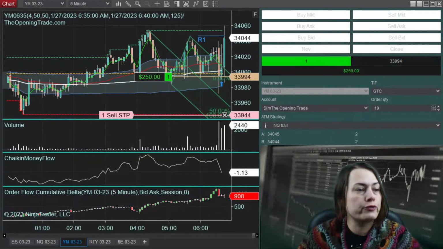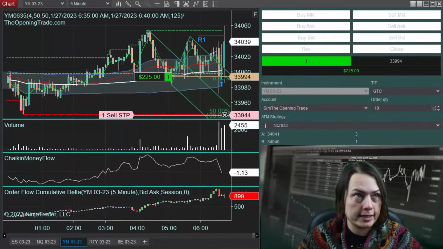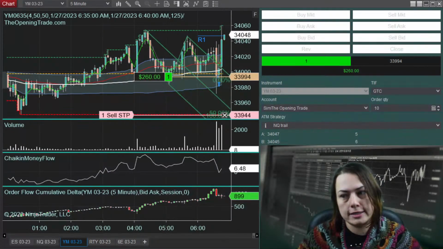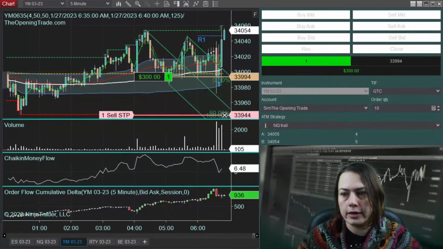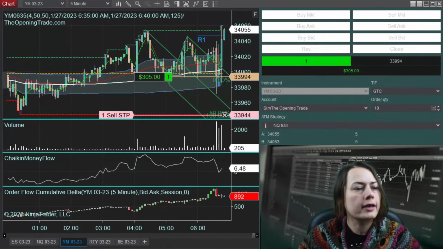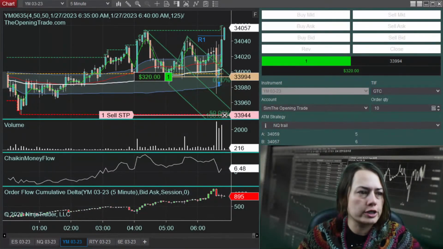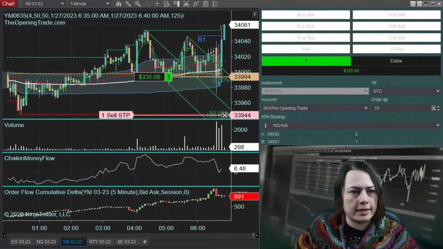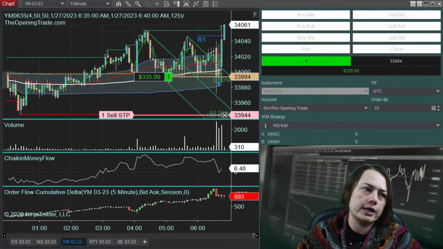When you remove emotion and just look at data and numbers, it's pretty easy to see what you should be doing. But again, that is for each person to assess their risk for their own situation and to understand and read all associated risks listed on our website and in the video description.